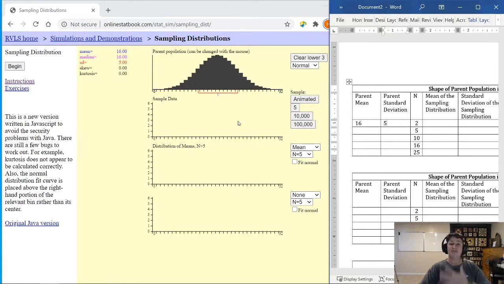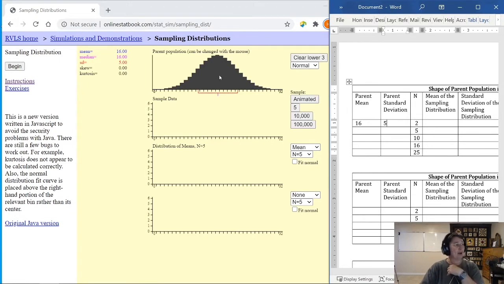Then, once I have those 5 women's heights, I'm going to add them up and find the mean of those heights. So I'm going to find the mean of my sample data. And that mean, I'm going to drop down into this third little spot to make a whole new distribution of those means. So let me just show you what I mean.